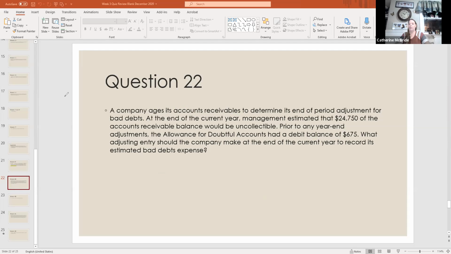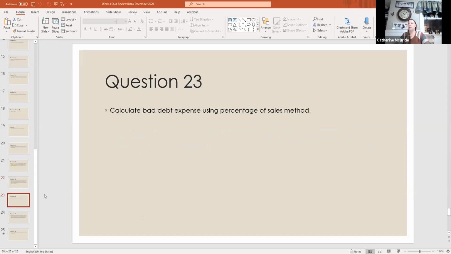All right, next one's easy. So on this next one, it was too long to write here. You're going to have this problem with the percentage of sales method.